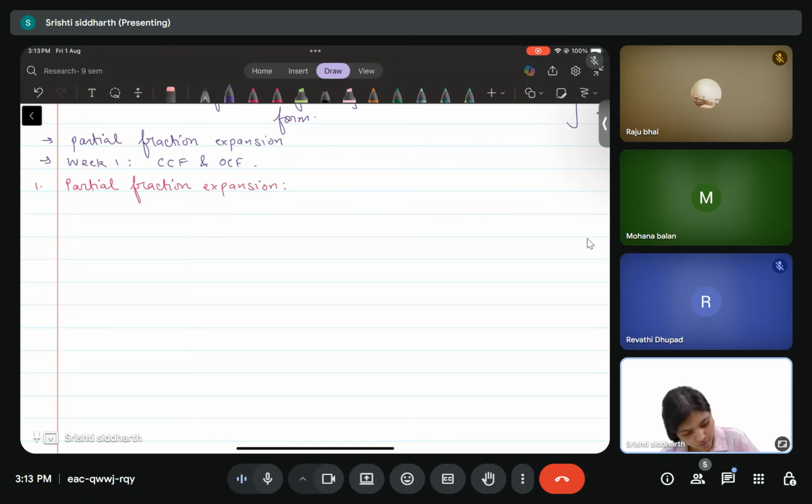Alright, so there are a few cases. We'll start with the simplest case first, where you have some ratio B(s) over A(s), for example the transfer function, written in the form of some constant times the roots of the numerator, so its zeros, (s plus z1), (s plus z2) till (s plus zm).